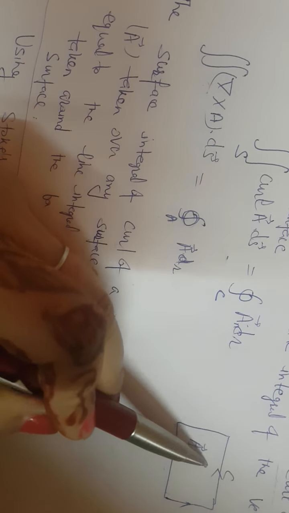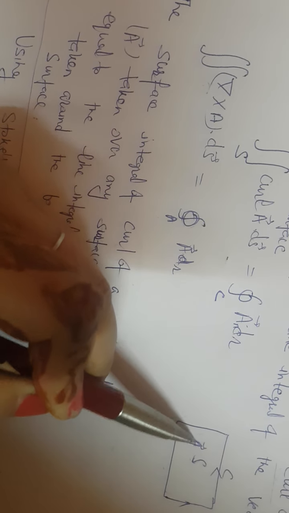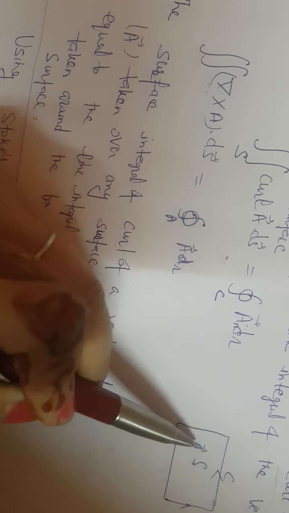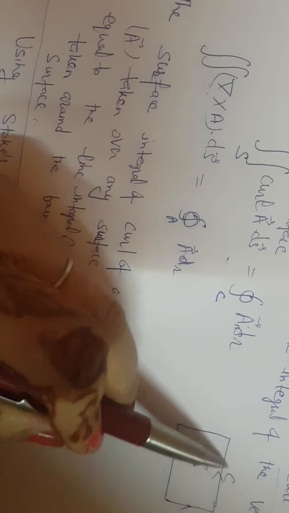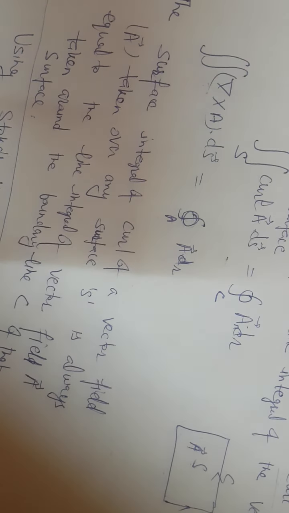Same concept: if you have a vector field on a surface S, and this surface S is enclosed by a curve C, this is a line curve.